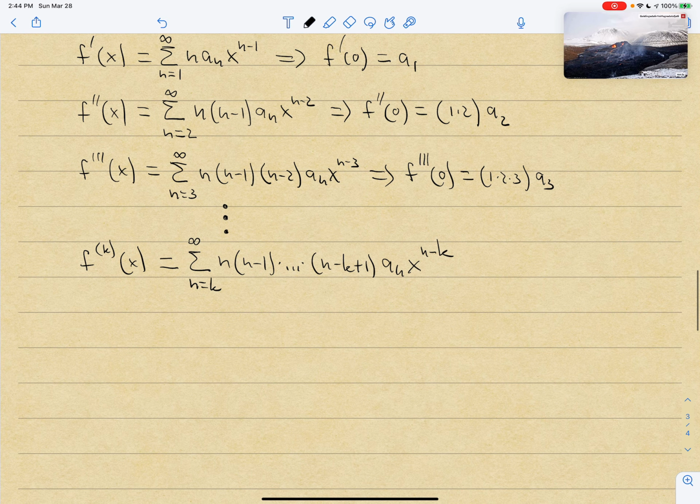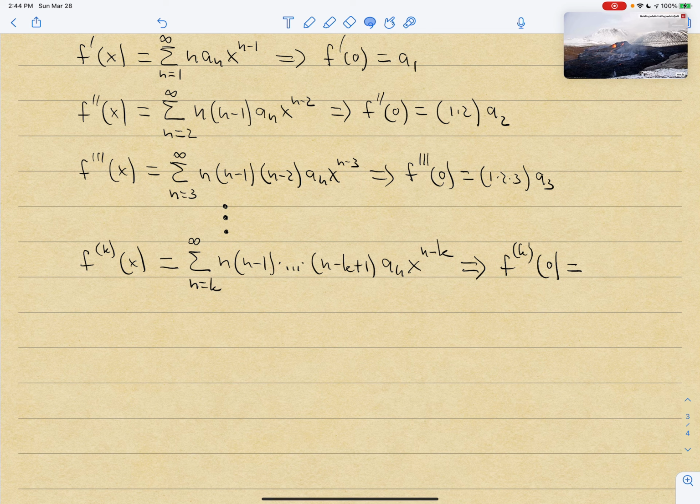And so what am I going to get if I compute the kth derivative evaluated at 0? Everything is going to be gone except for the term with n equal to k. And if I look at the term with n equal to k, there should be a k that survives.